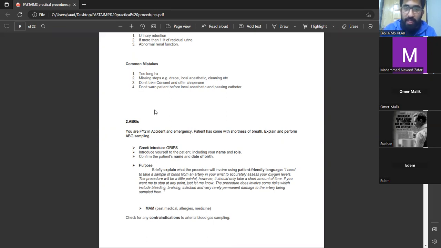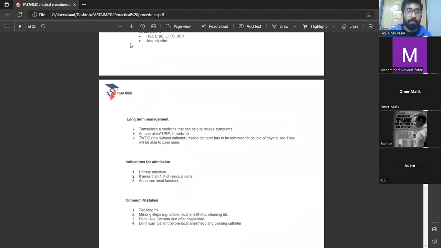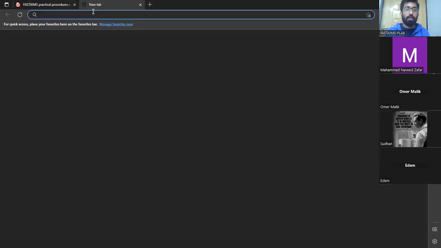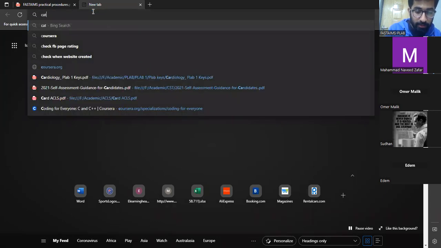And then, do not forget to take consent and a chaperone, again because of stress. Don't do this. And do not forget to warn the patient when inserting local anesthetic or passing catheter. So always do this.